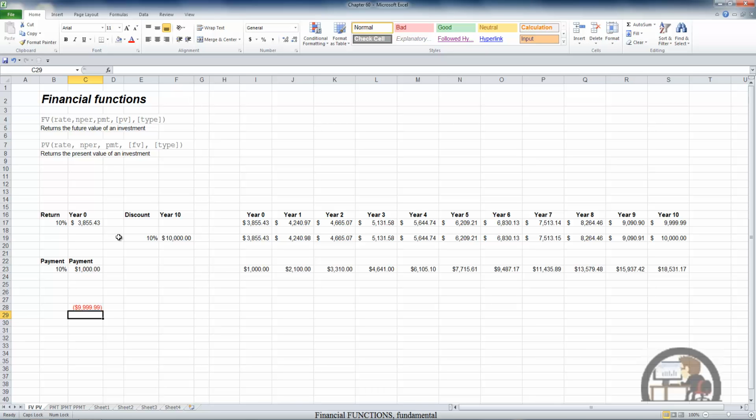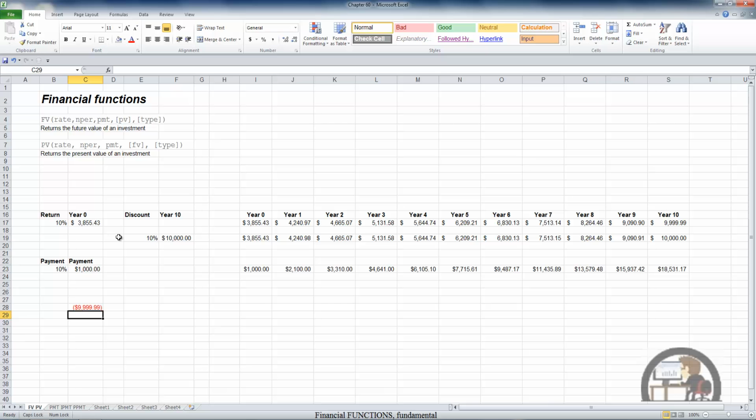Now you might be wondering why it's showing a negative. That's because with these financial functions, there's a cash inflow and a cash outflow. And there's an inverse relationship between the two. So I expressed my cash inflow, which was $3,855, as a positive number. And because of that, the future value function has expressed the cash outflow, the money that is returned to me, as a negative number.